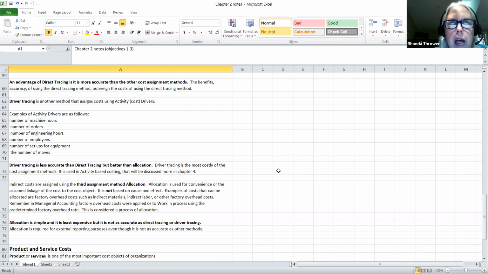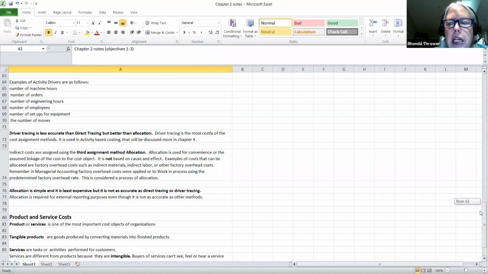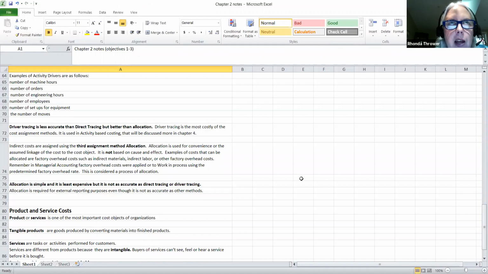So when you go into Blackboard and you click on assignments, scroll down to the bottom of the page and you'll find your reader in the assignments. If you click on the link to it, it will take you directly to your chapter so you can read it through the e-text. Or if you've rented a copy, of course, you have a copy that you can read. But I'd like for you to read objectives 1 through 3 first.